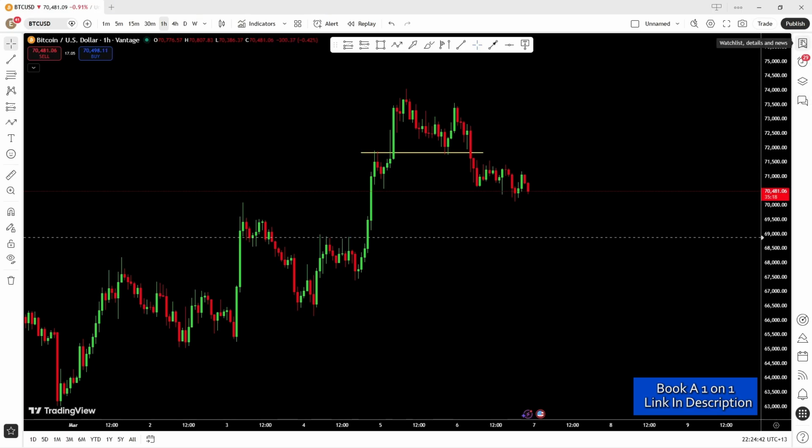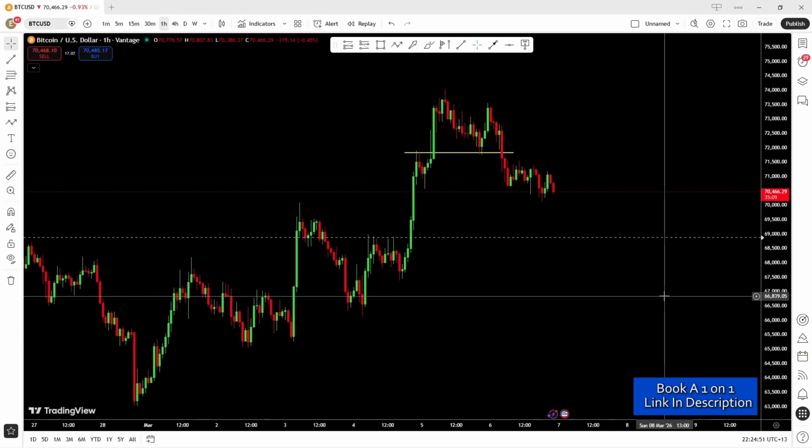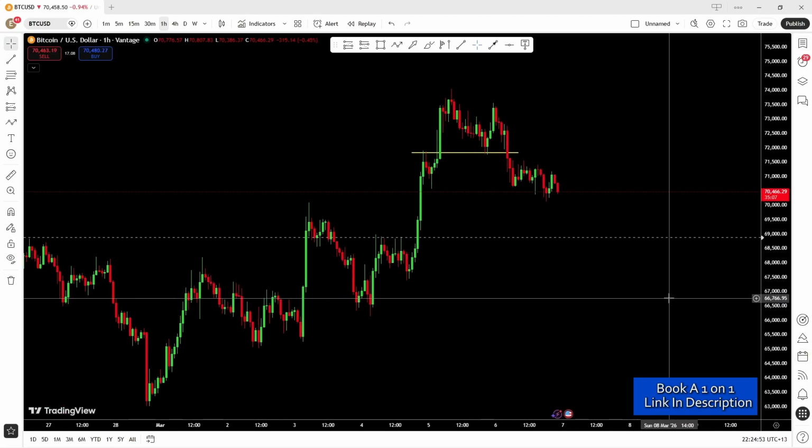Maybe you have 2 or 3 pairs on your watch list, 3 or 4 max, and base it on the hourly time frame structure, and then drop down to your 15-minute or even your 5-minute and look for your entry. Target asymmetrical risk reward, and that's it.